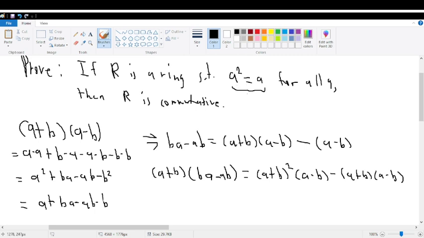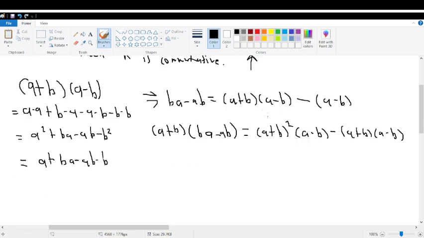But because of our definition of the ring, we're going to be coming back to this fact a lot, we have that this is just equal to (a plus b)(a minus b) minus (a plus b)(a minus b), which is just equal to 0.